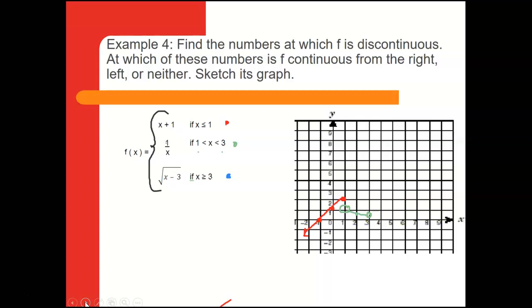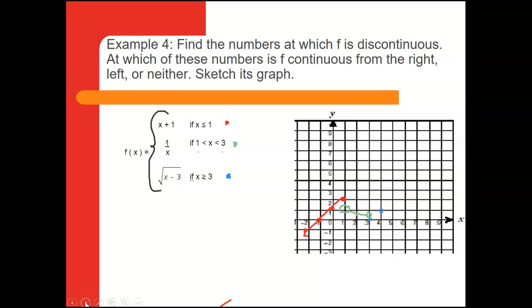And then if you look at the last equation, it starts at 3 and is closed. So 3 minus 3 is 0, square root of 0 is 0. So you have a closed circle at 3, 0. Plug in 4. 4 minus 3 is 1, square root of 1 is 1.